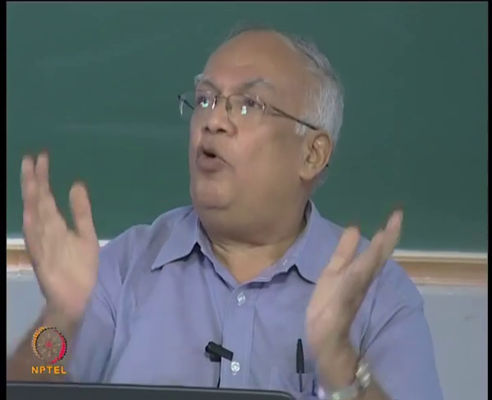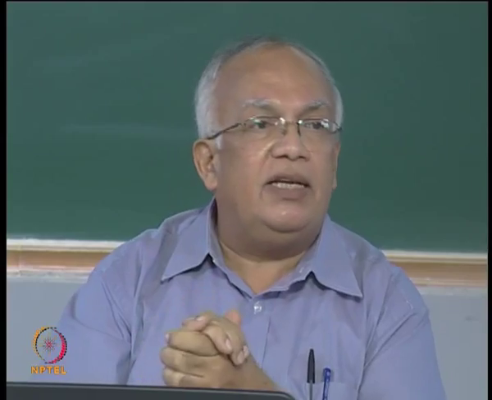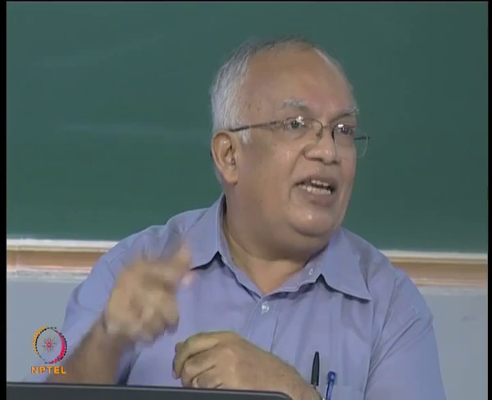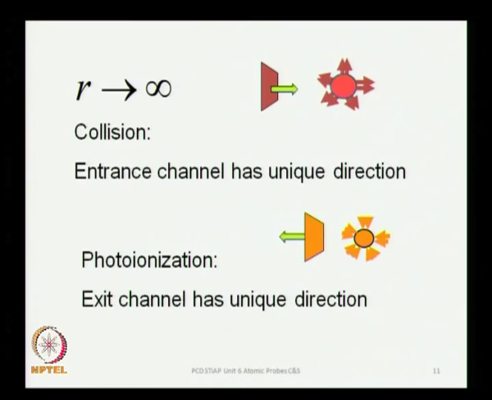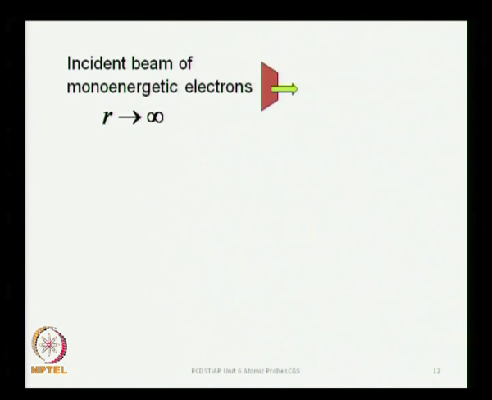But such an ingoing spherical wave could represent an electron in the initial state. This will become more clear when we represent it using appropriate mathematical tools. So these boundary conditions are different, and before we do that we will first discuss collisions, which is where we really develop the machinery. So the first part of this unit will be on collisions, and then we will go over to photoionization.